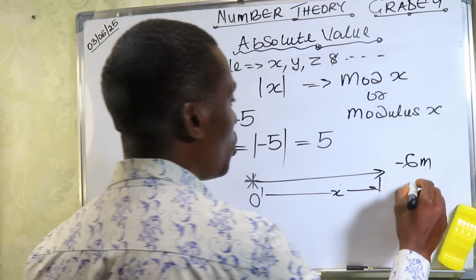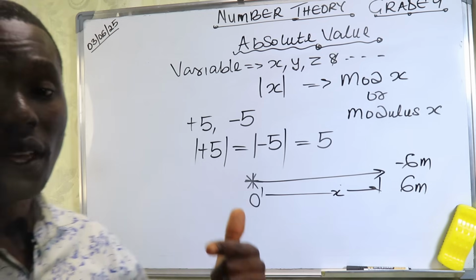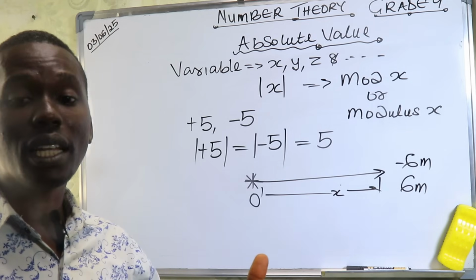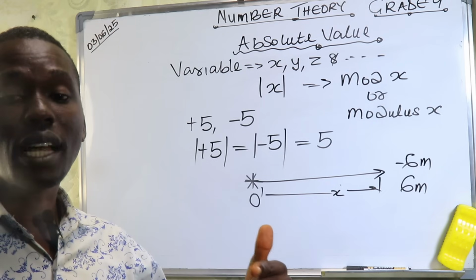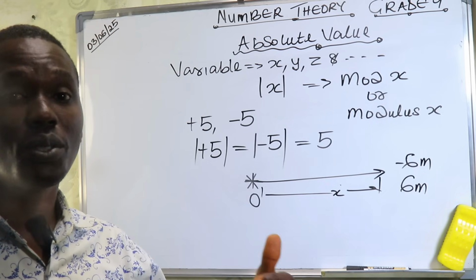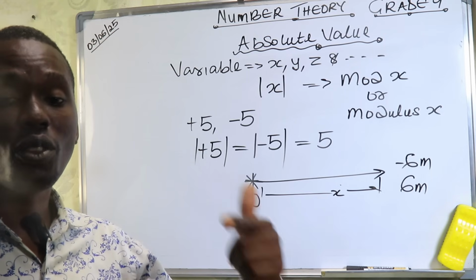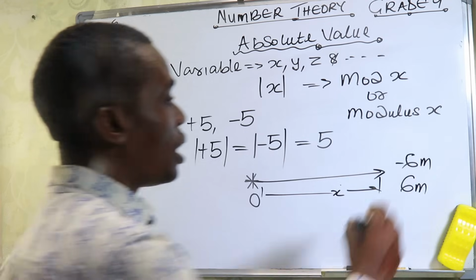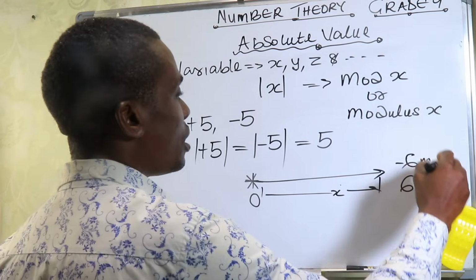We don't have this, we only have 6 meters. So since distance can never be a negative value, it is a non-negative quantity. That simply tells us that the absolute value of any number is always a non-negative value and not a negative value.